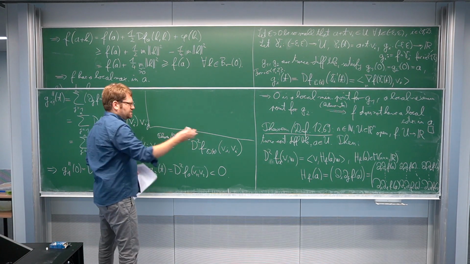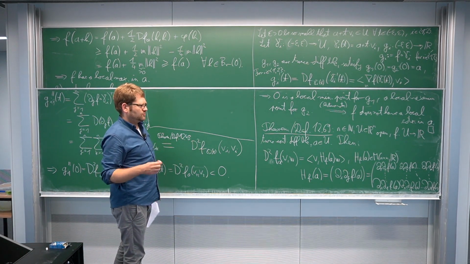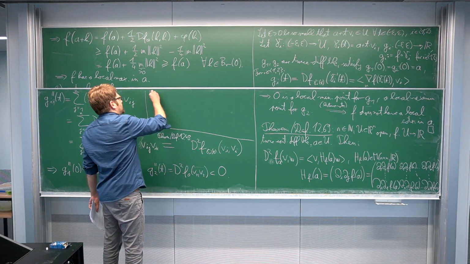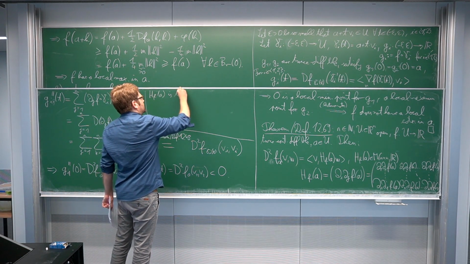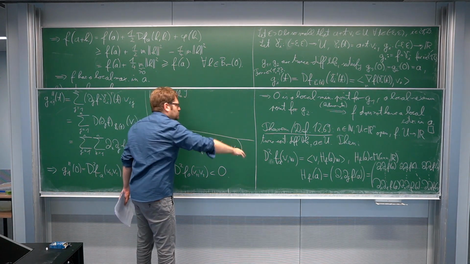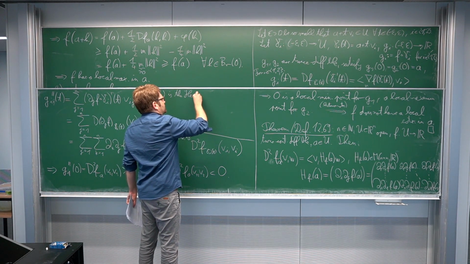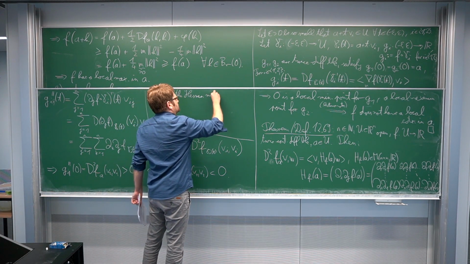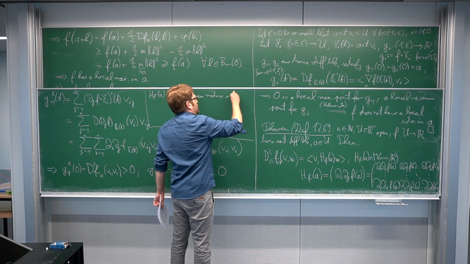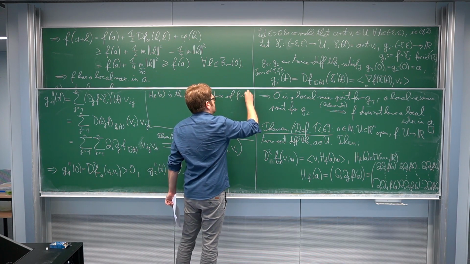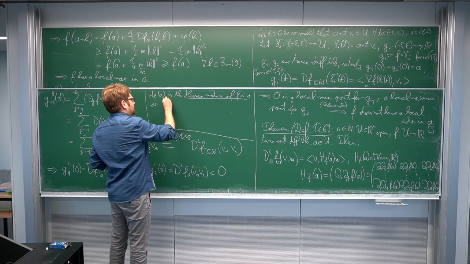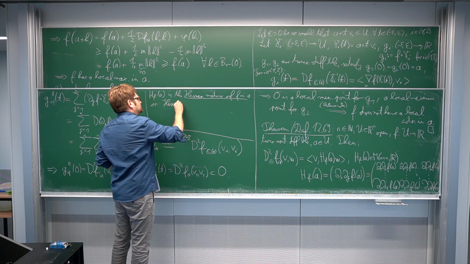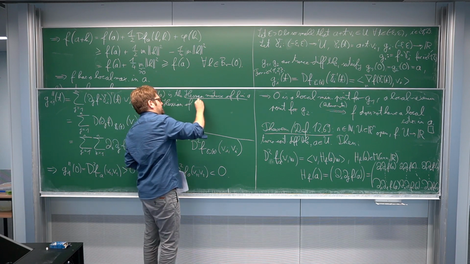First of all, this matrix which contains all these second order partial derivatives has a name. Hf of a is called, so this was the theorem part, here it's called the Hessian matrix of f in a, or simply Hessian of f in a.